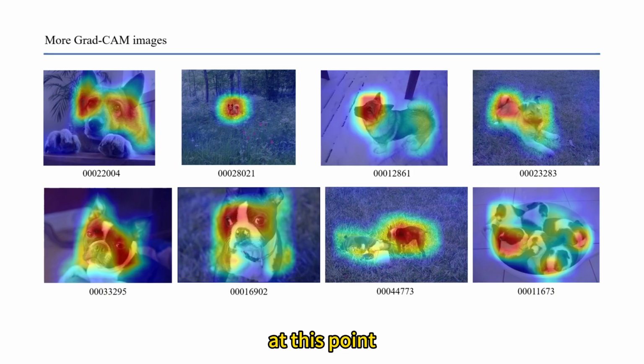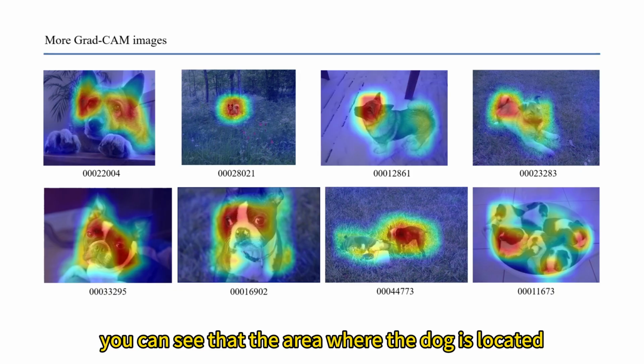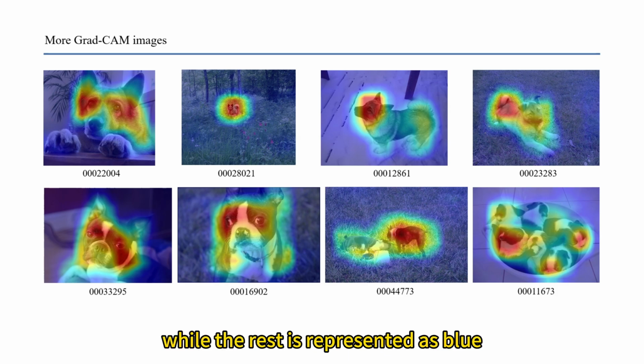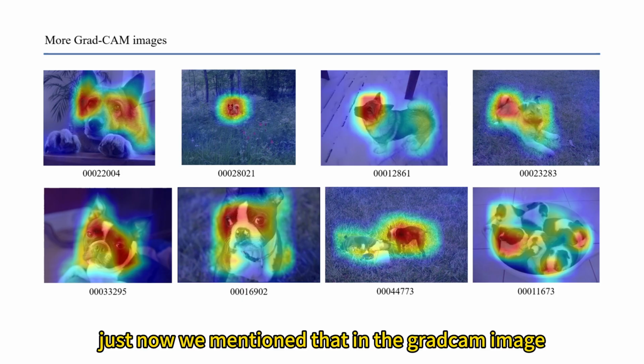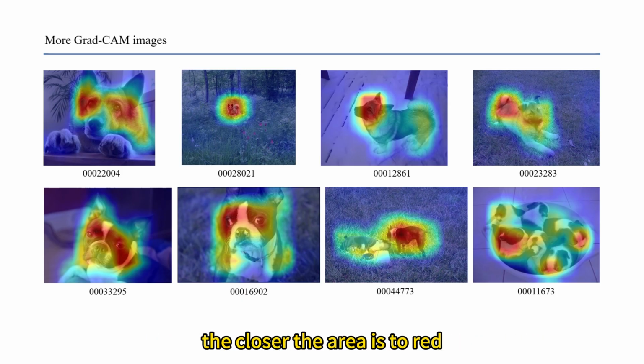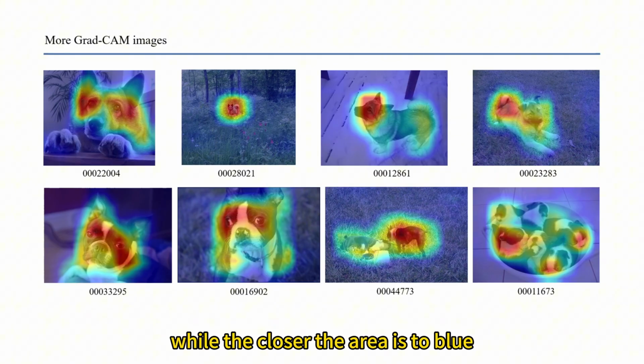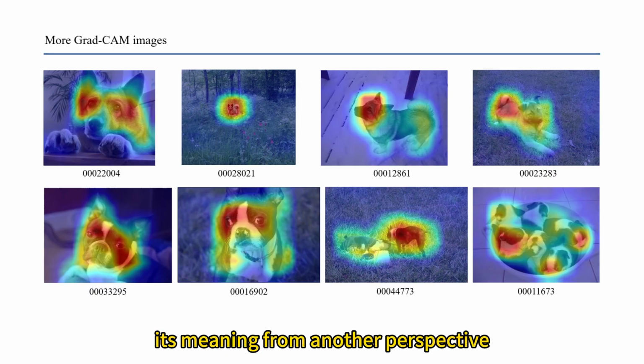At this point, you can see that the area where the dog is located in the Grad-CAM image is marked in red, while the rest is represented as blue. Just now, we mentioned that in the Grad-CAM image, the closer the area is to red, the greater the effect on the decision result, while the closer the area is to blue, the less or no contribution is made to the classification result. Now we can understand its meaning from another perspective.